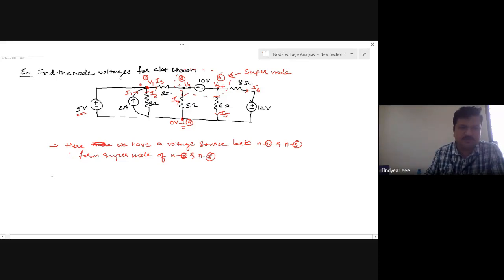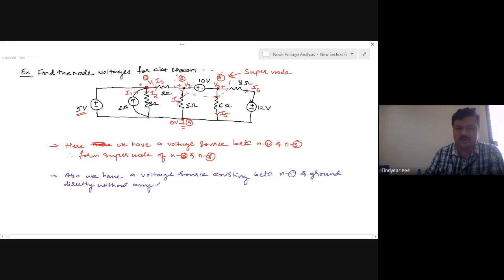Here we'll write a note: also, we have a voltage source existing between node 1 and ground directly without any series element.